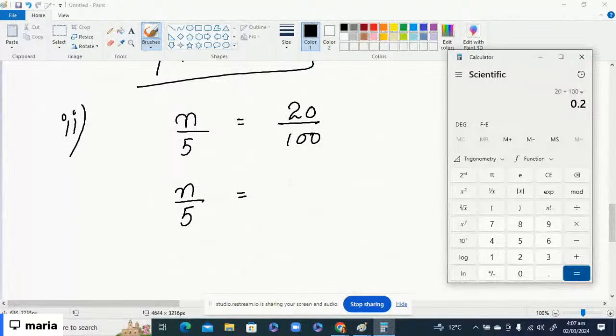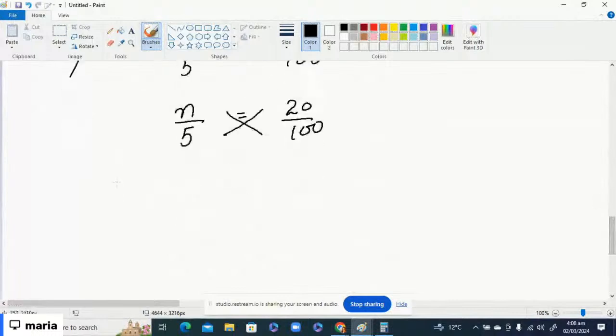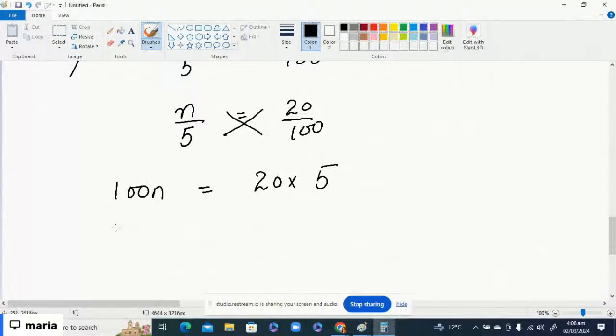Just cross multiply. This becomes 100n, which is equals to 20 times 5. So what is the answer of 20 times 5? Which is 100. Now here is 100n, which is equals to 100.